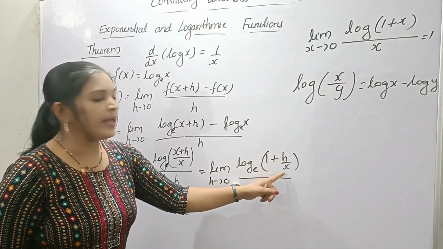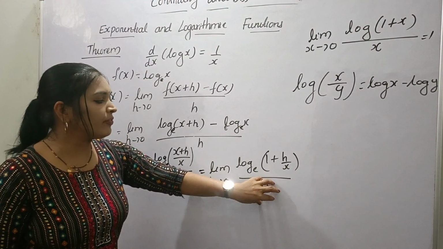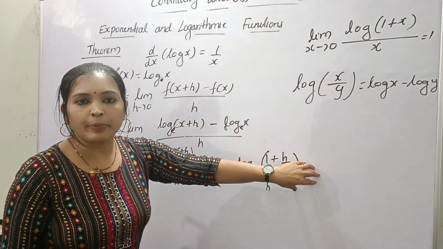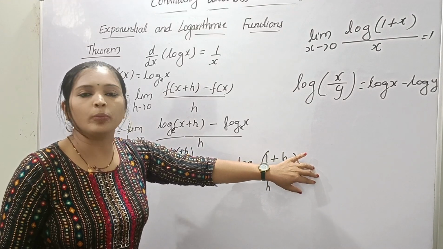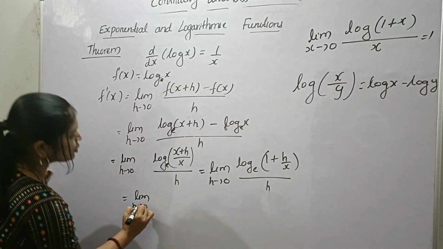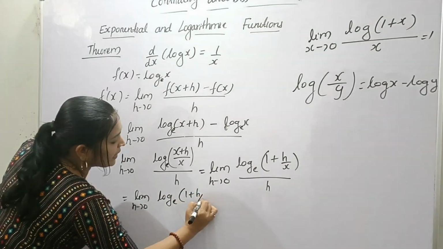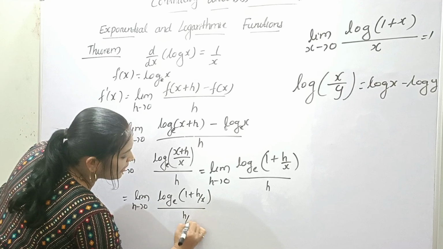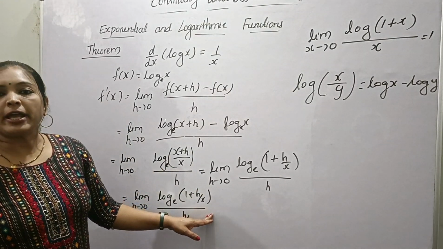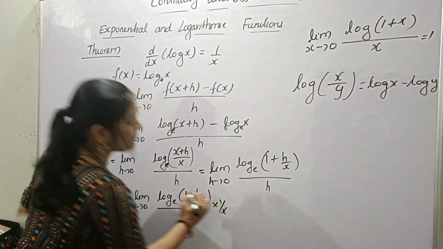Here we have log(1 plus h by x), so the denominator should be h by x. For that, we have to multiply 1 by x in the denominator, and then multiply 1 by x in the numerator as well. So that is limit h tends to 0 of log(1 plus h by x) divided by h by x, into 1 by x.